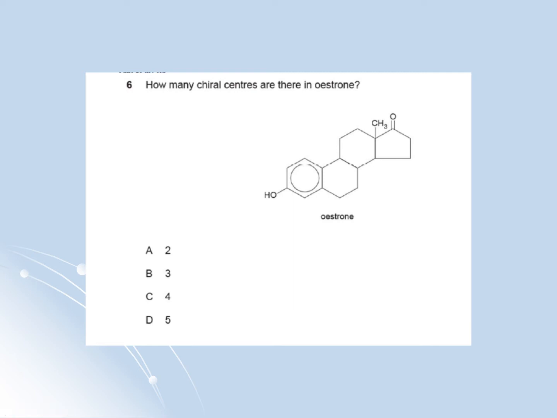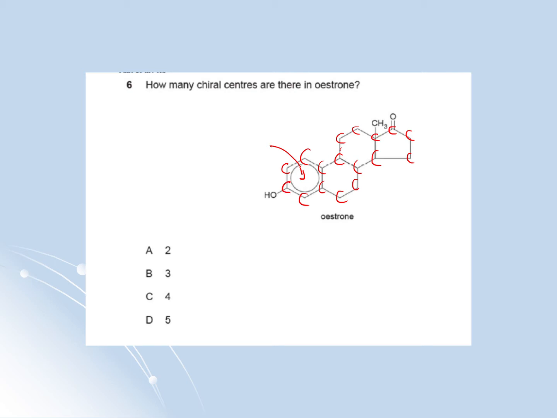Okay, so we have a nasty little skeletal formula here, and we've got to find the chiral centers within it, so how many of them are there. Right, first thing, we have a carbon here, here, here, here, here. We'll just fill them all in. There are quick ways to rule out lots of these to save yourself an awful lot of hassle.